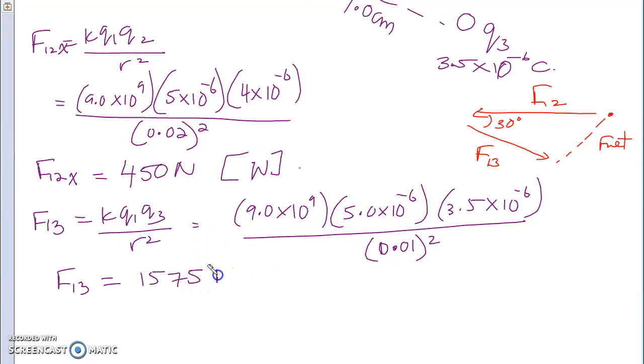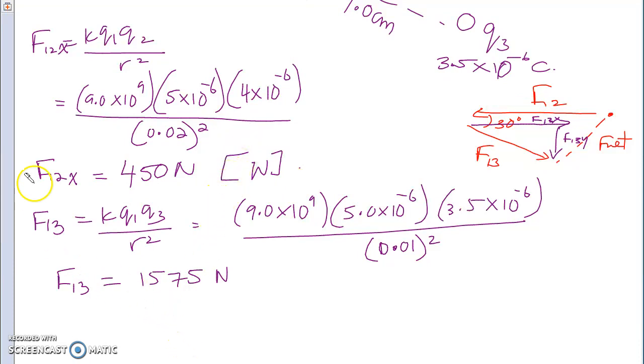Okay, newtons. All right. Now F13 has two components, and those two components are this and that. So that's going to be F13x, and this is going to be F13y. And we've got to, of course, do this in terms of vector components.